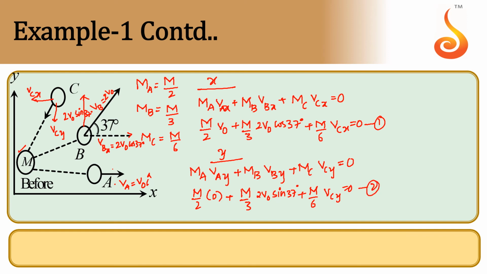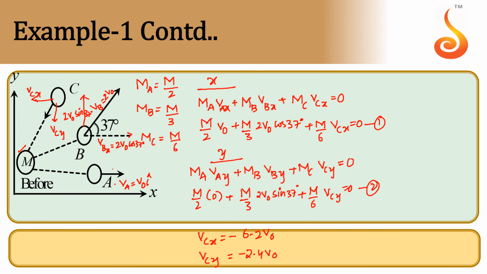So by simplifying equations 1 and 2, we get velocity of C along x direction will be minus 6.2 V0, and velocity of C along y direction will be minus 2.4 V0.